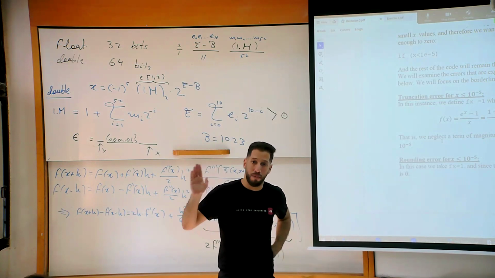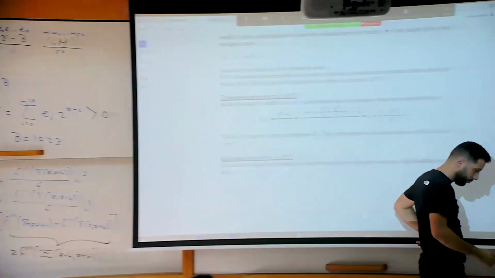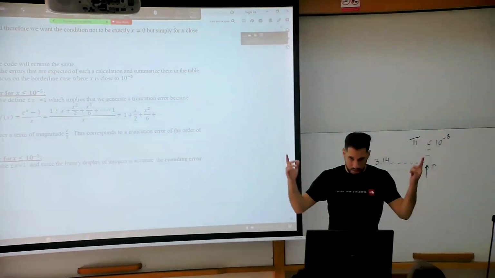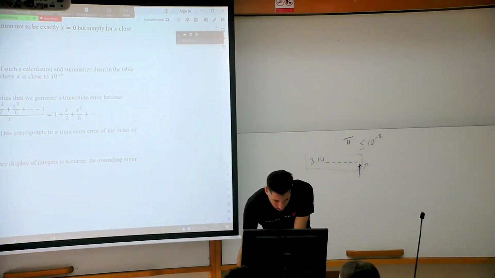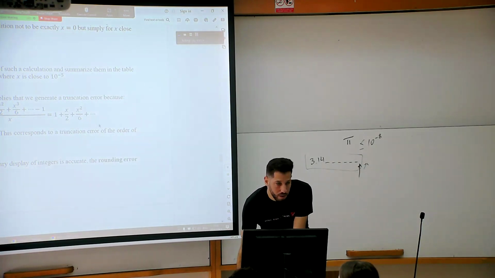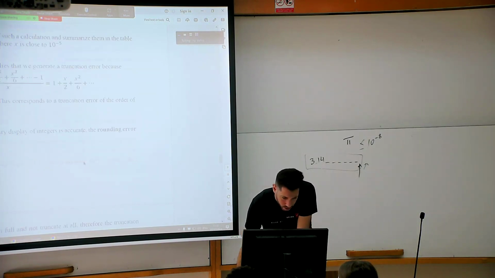Yes, that's the bound. Maximum it will be x over 2. Again, that's because of Lagrange's theorem. And so our error here is the half of 10 to the minus 5. That's the truncation error. And the rounding error, I say here 0, but it's not true. It's the last digit also. The rounding error is 10 to the minus 7 here.